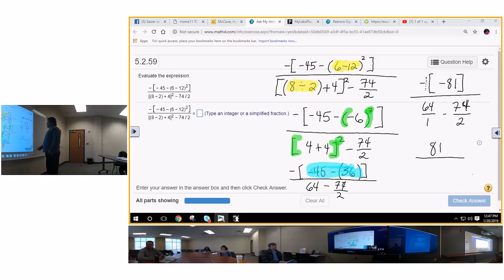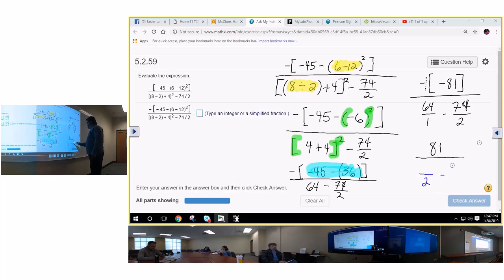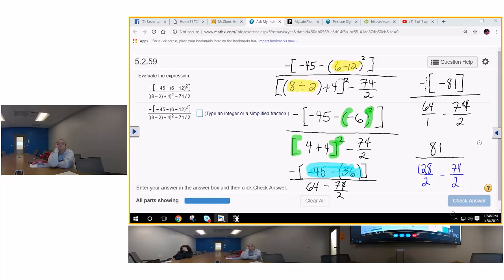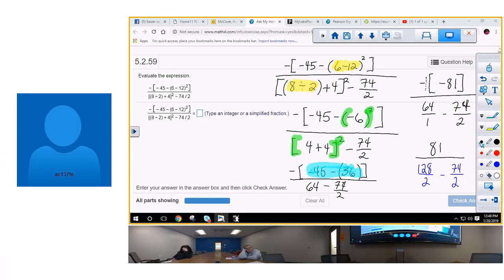And then I'm going to get a common denominator. I'm going to change that to a blue pen. I'm going to get a 2 right here, minus 74 over 2, because that's already a 2. How many times will 1 go into 2? 2 times. 2 times 64 is 128. I'm going to go over here where I got some room.